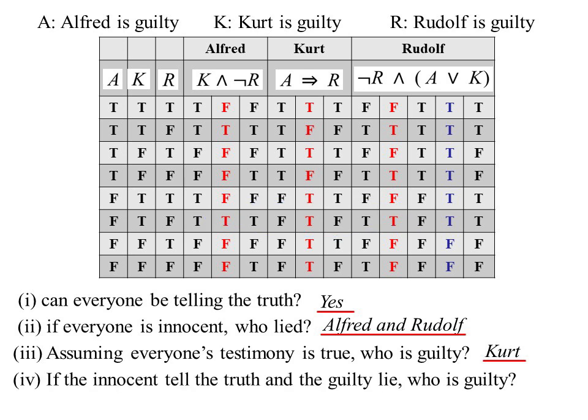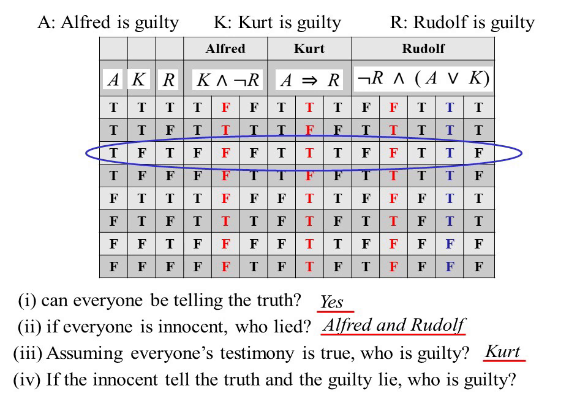The fourth one. If the innocent tell the truth and the guilty lie. So what are we looking for? We want a true statement coming from innocent people. So it's true here, but their statement is false. Where is it? And there it is.